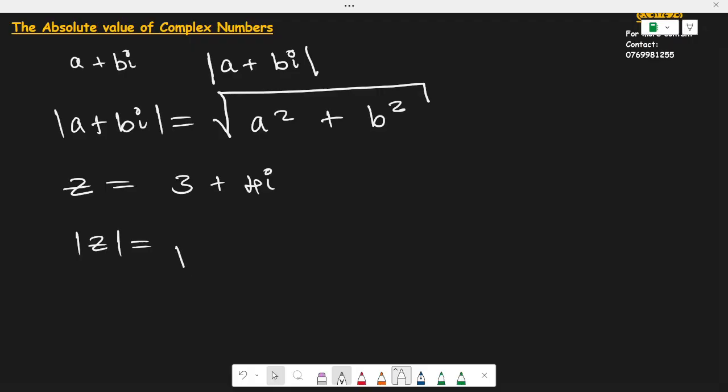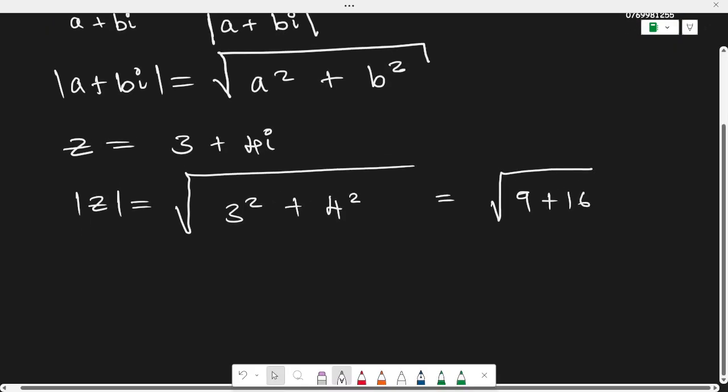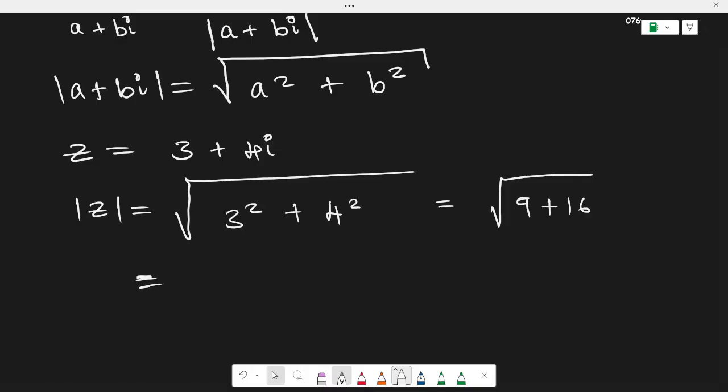This is going to be the square root of 3 squared plus 4 squared, and this is going to give us 9 plus 16. Wow, I was just guessing to see if this will give us 25. I thought maybe I didn't select the right numbers, but it seems I did. So this is just the square root of 25, which is equal to 5.